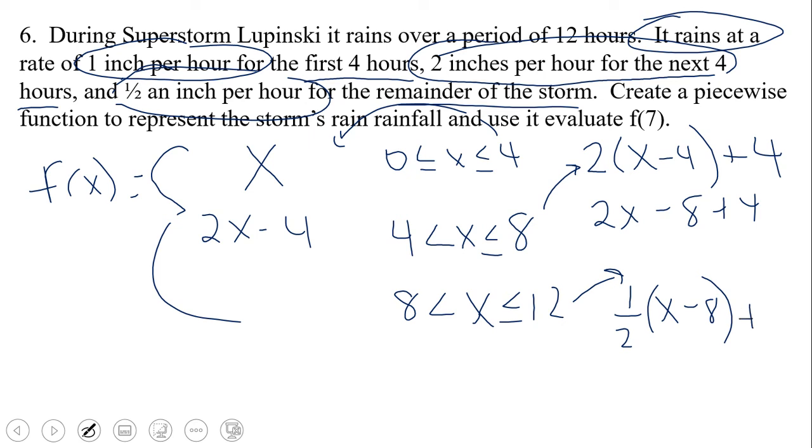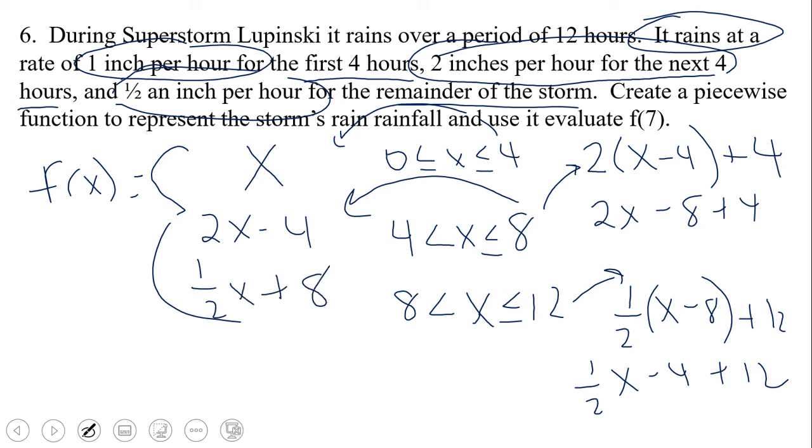Then, in order to find the number in the back, you have to find out where the previous piece left off. The previous piece always leaves off by plugging the maximum value into the equation. So 2 times 8 is 16, minus 4 is 12. This is going to give me 1/2 x minus 4 plus 12, which means that 1/2 x plus 8 is, in fact, the third piece of the puzzle.